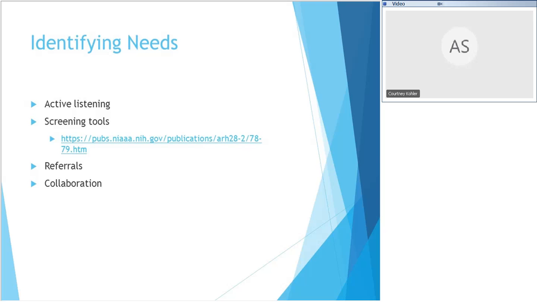But making those connections with your state agency is really important if you don't have any other resources for finding substance use disorder services in your community. Every state is different, but most states at least maintain a list of their providers, and they can give you some guidance on connecting people to services.